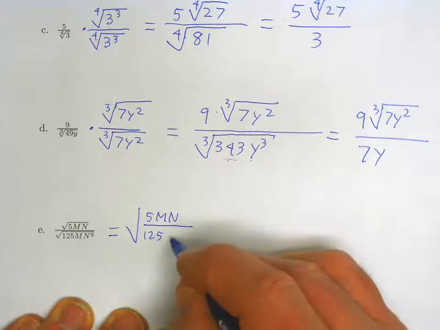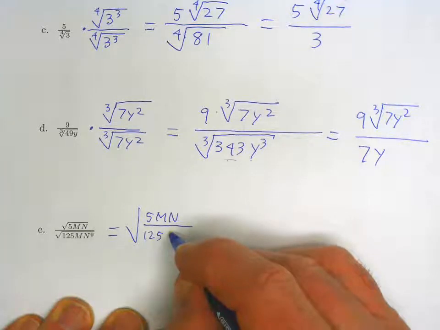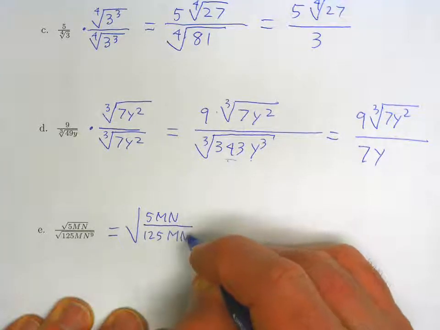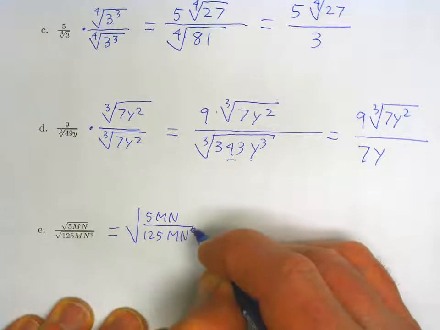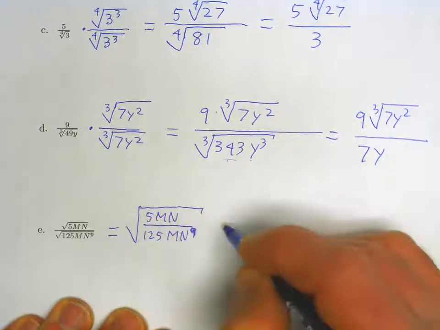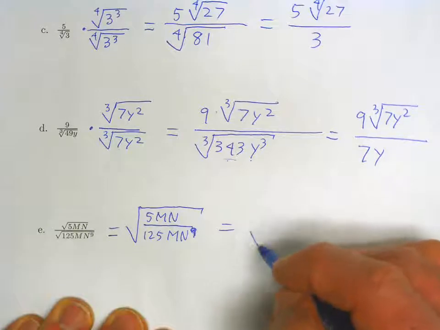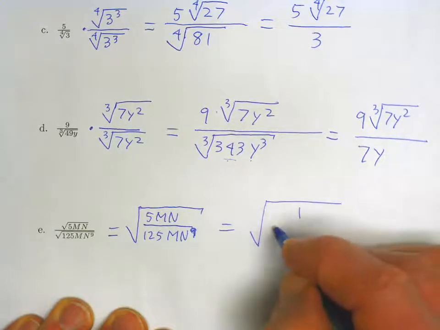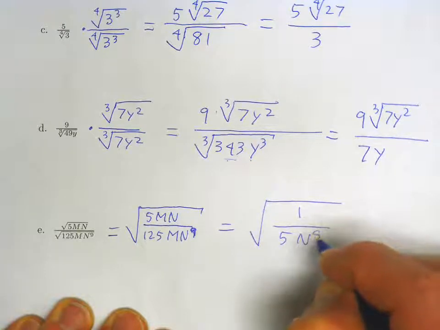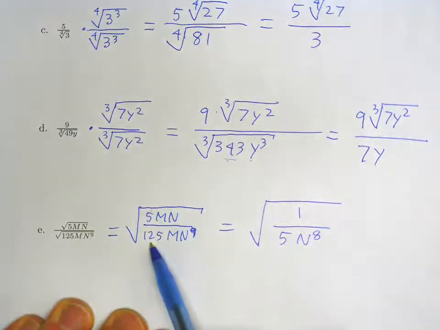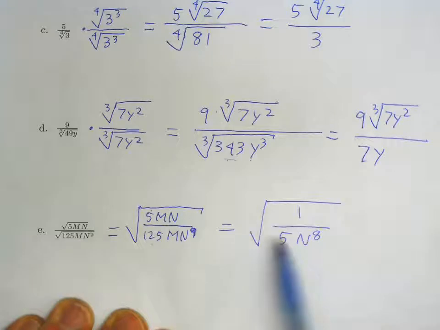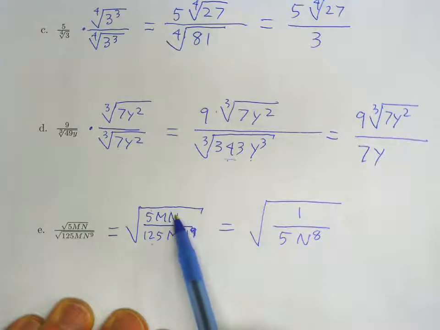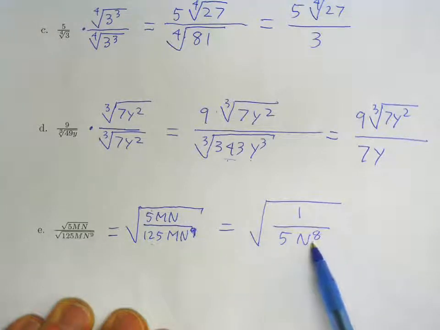The quotient 5mn over 125m n to the 9th, sorry, n to the 9th, can be written in lower terms. So we get the square root of 1 over 5n to the 8th. Because 5 over 125 is 1/5. The m's cancel, and n over n to the 9th simplifies to 1 over n to the 8th.